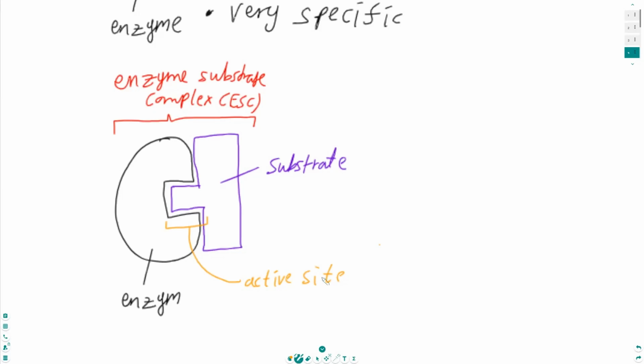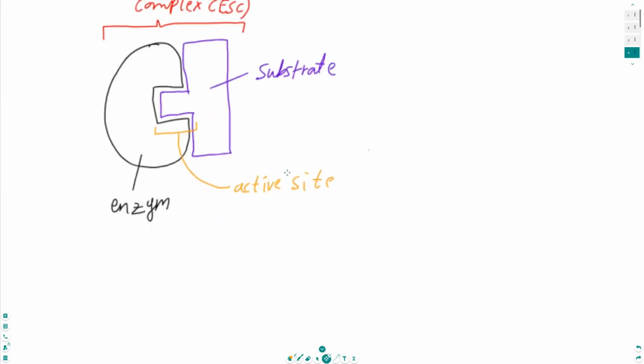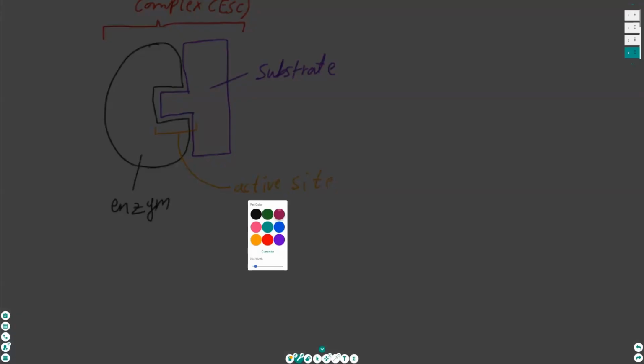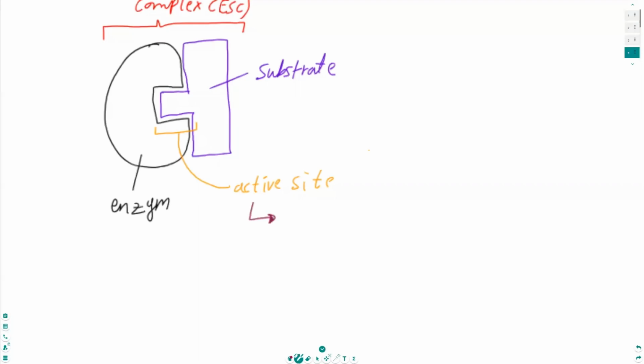So, as I was talking about the active site, let's move into what the active site is. So, the active site is crucial because it has a shape which is complementary to the substrate.